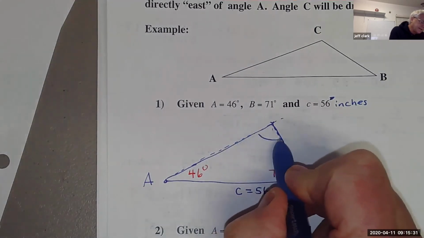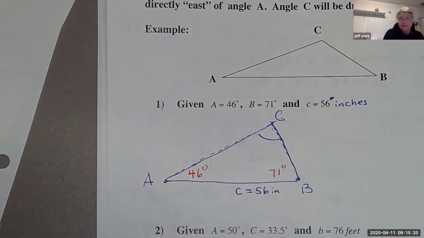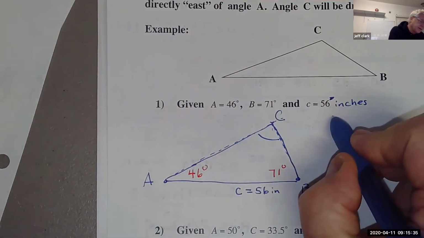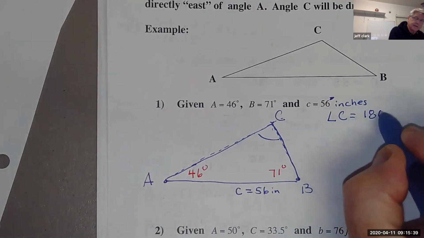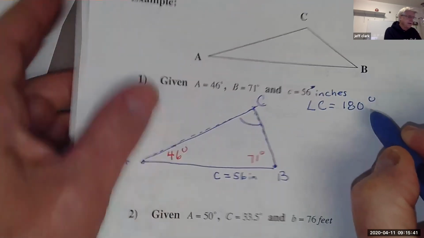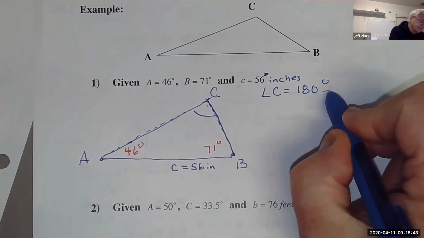Now, this angle C is the easiest of the three. So angle C is found to be 180 degrees, and then you're going to subtract what you're given.